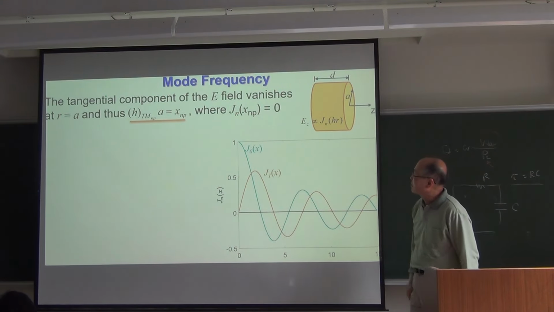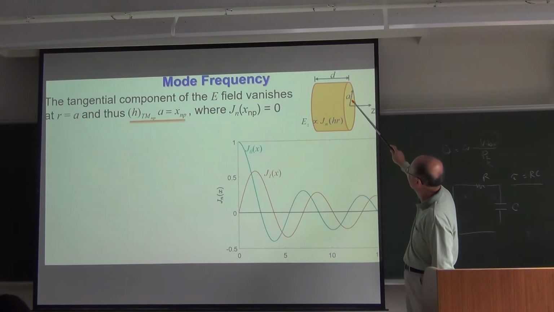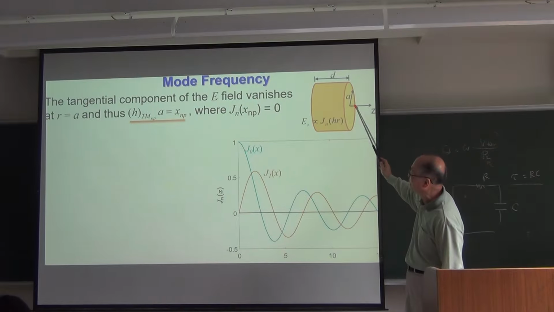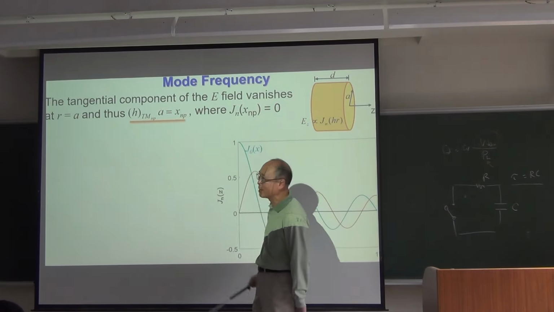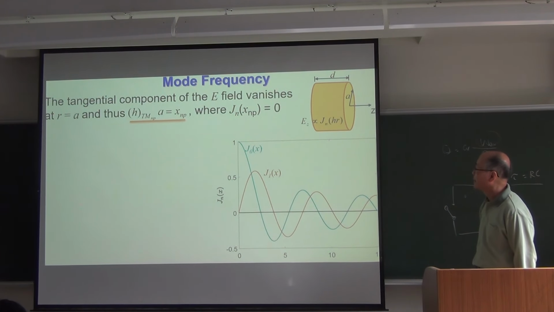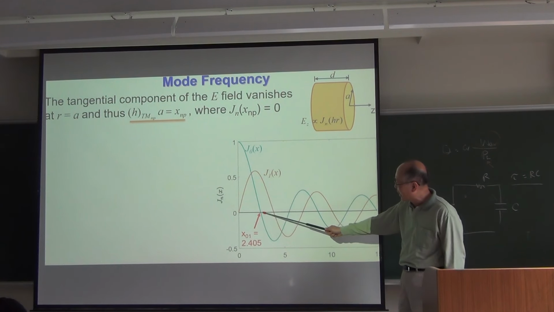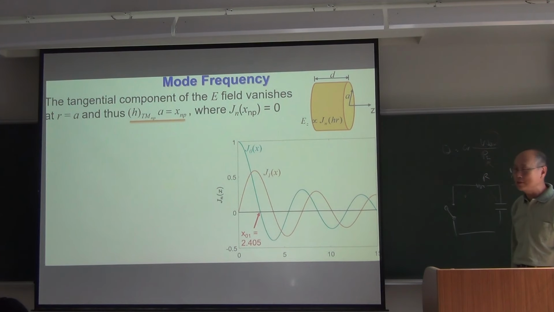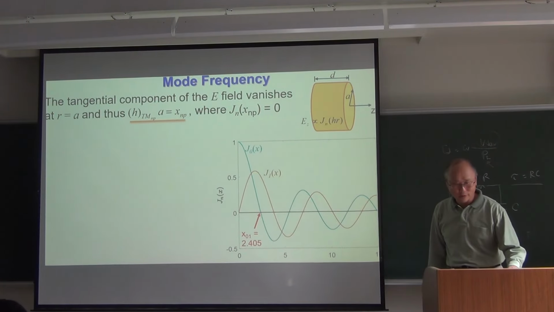All right, so I want to remind you that the boundary condition, again, when r equals a, then the z component electric field has to go away. So this h value is determined from the zeros of the Bessel function, x_np. For example, the first value is here, x01, associated with this Bessel function of the first kind of zero order. Then you have x01 equal to 2.405.